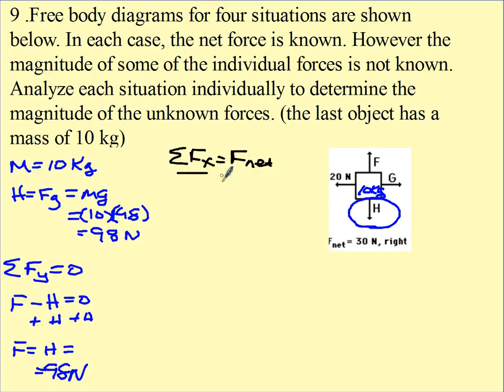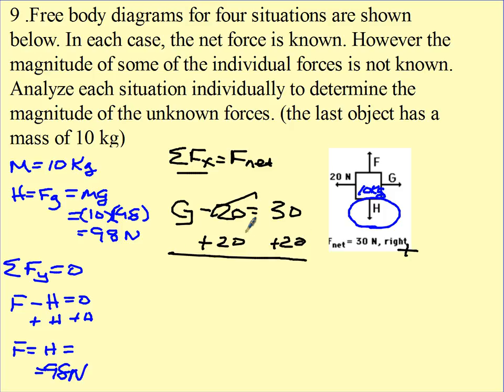Sum of the forces, these are my arrows, so I've got G going to the right, minus 20 going to the left, equals 30, and it's to the right, so that's going to be positive. To solve for G, I add 20 to both sides. Those cross out, makes me happy. G is equal to 50 newtons. And that's it.